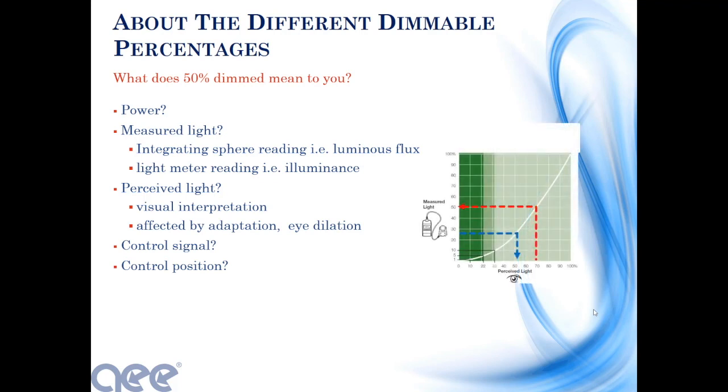And so, John, you talked about this somewhat, and I wanted to make sure I pointed it out. The light level that is measured versus what your eye perceives is really interesting. If you look at the red right here, it says that we have 50% less light, but your eye detects it as only dimmed about 70%. So that's why 50% dimming doesn't necessarily mean what's needed.